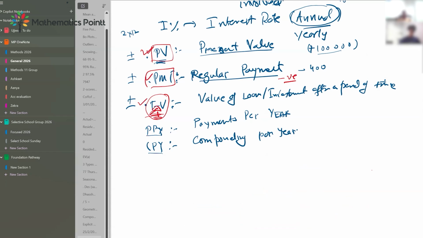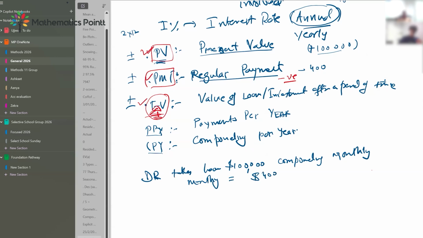I have two scenarios. Let's say Darshan, just using the short form, DR, takes a loan of 100,000, which is compounding monthly, and Darshan is making a monthly repayment of $400.